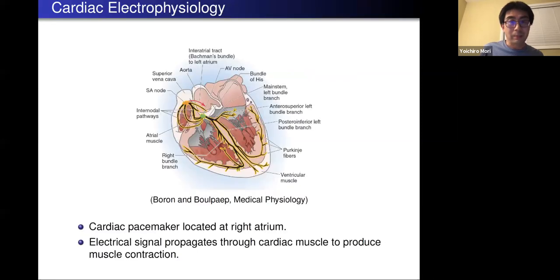Okay. So first of all, I would like to review a little bit of cardiac electrophysiology, which is what the equation here is about.